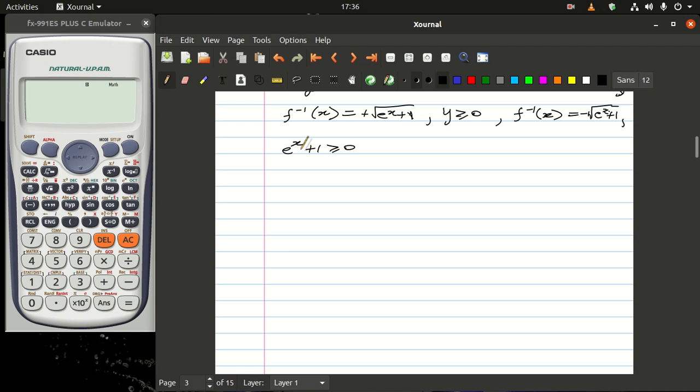But if you look carefully into this, you will find out that by just plotting this, we plot it just like this. This base is bigger than 1. An exponential function with the base bigger than 1 always goes this way. So this is y equal to e to the power x.